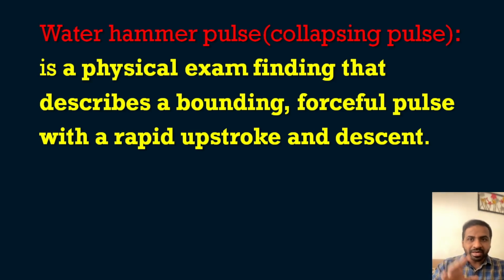I am not going into detail about these pulses, but you should understand in which conditions we can expect them. If you get time, just go through that. It is very important, and we will try to include those in the coming sessions, so kindly continue watching our sessions. That's all about the water hammer pulse, the collapsing pulse.